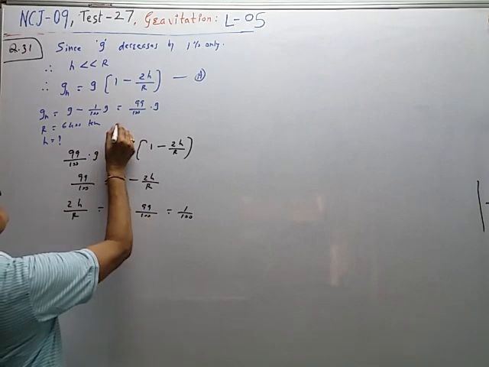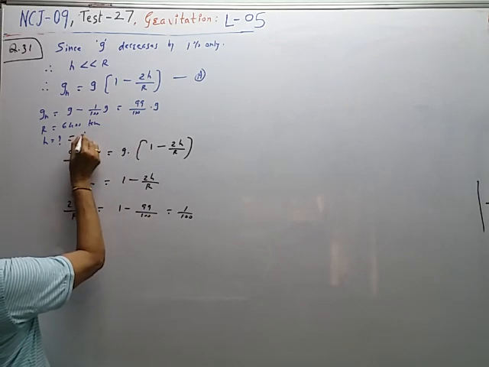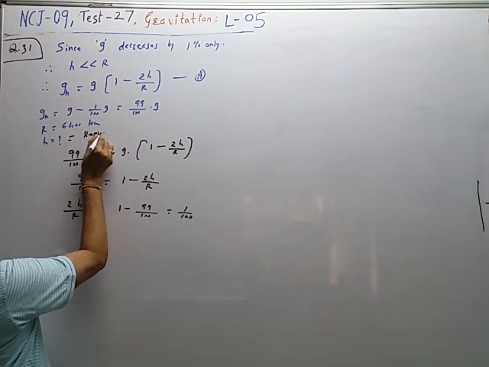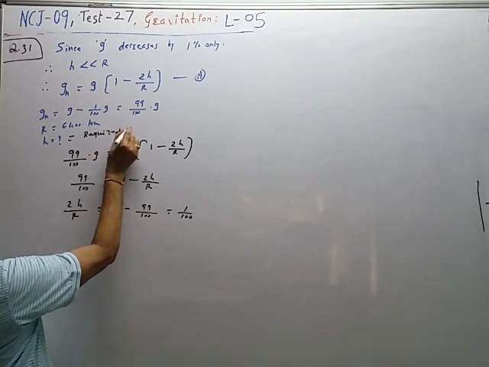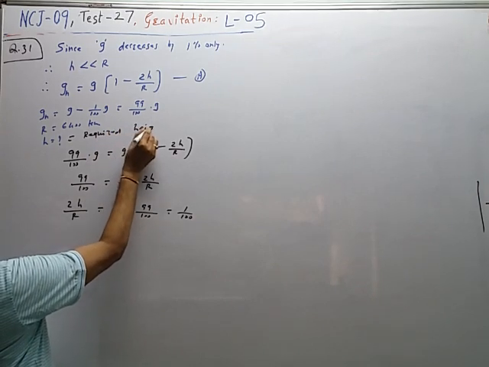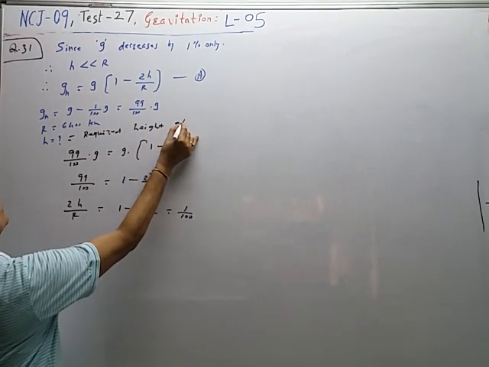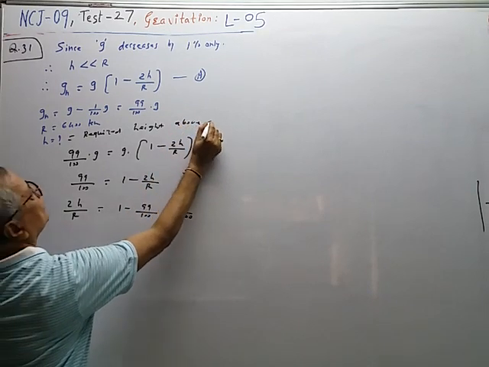Here h is the required height above the earth's surface.